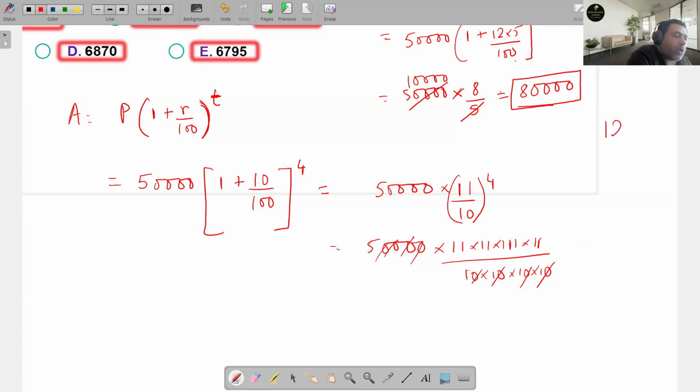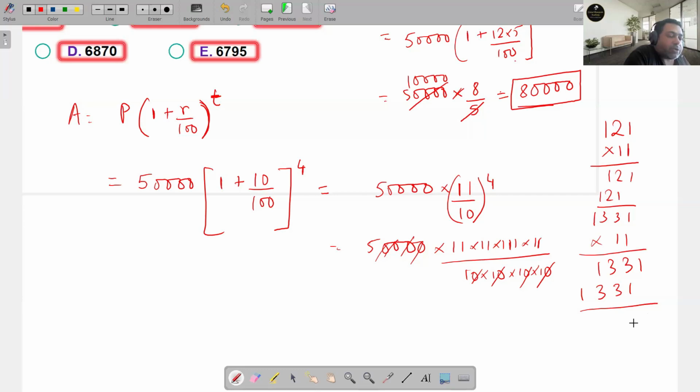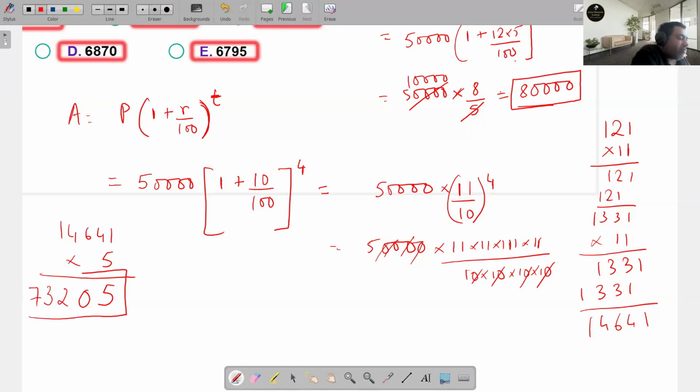So 11 square is 121, times 11 will give me 1331, 1331 times another 11 will get 14641. So this times 5. 14641 times 5 will give me 73205.